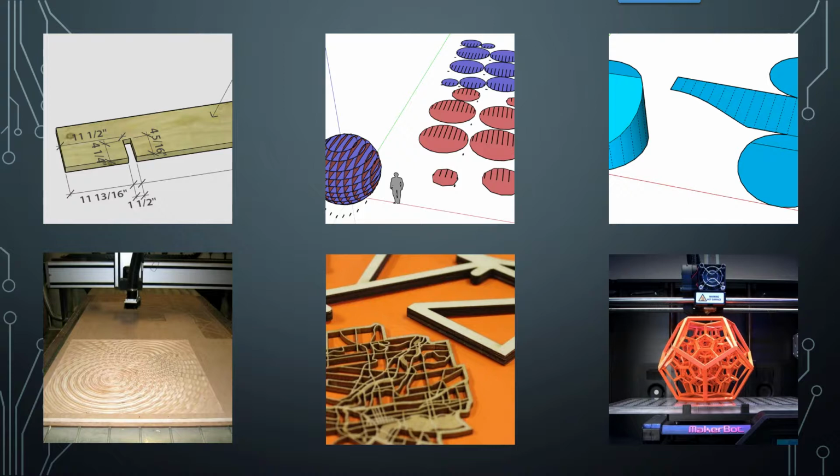And then for the actual digital manufacturing process, whether you're CNC cutting, laser cutting, or whether you're 3D printing, that's just another step in the whole process. There's usually a fairly easy way to get the data from the software into a processing software that can then run the machines.